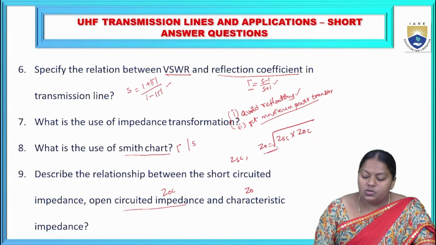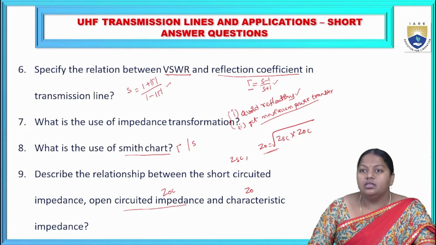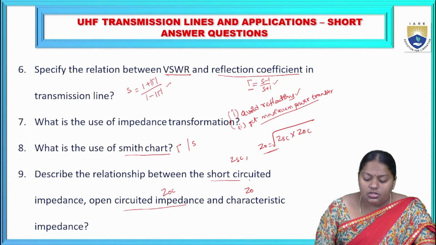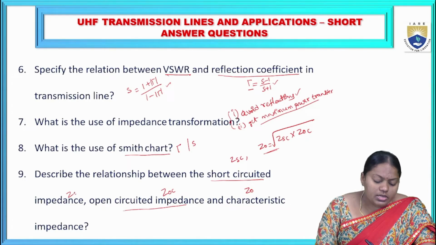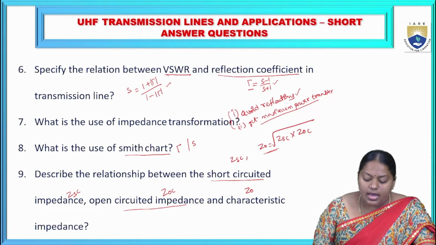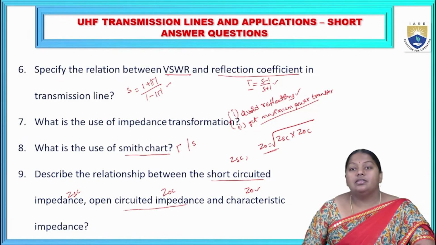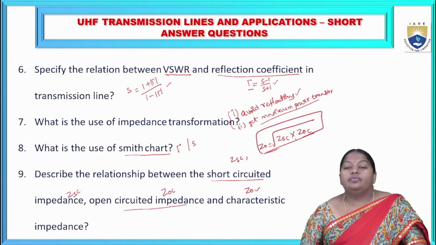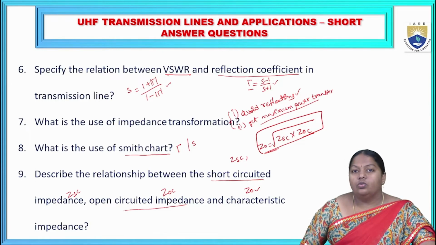That is, the characteristic impedance of a transmission line Z0 is equal to the square root of ZSC into ZOC.